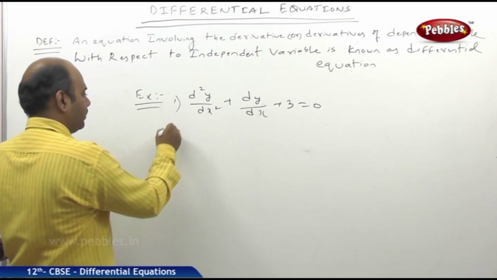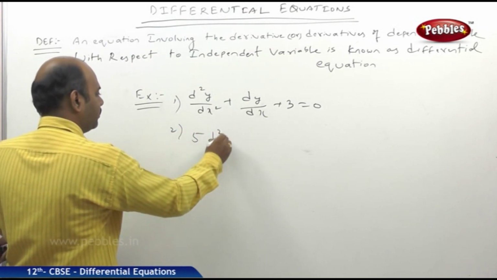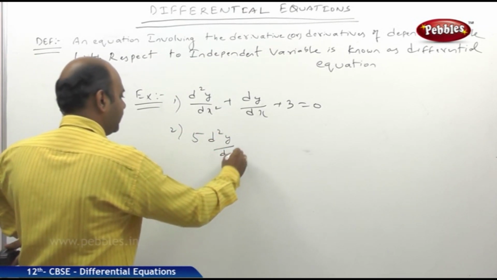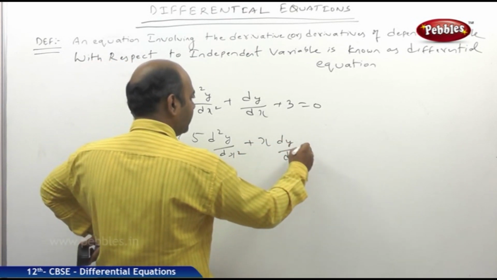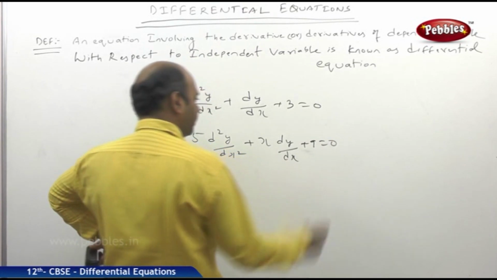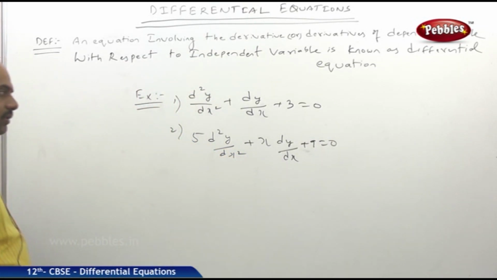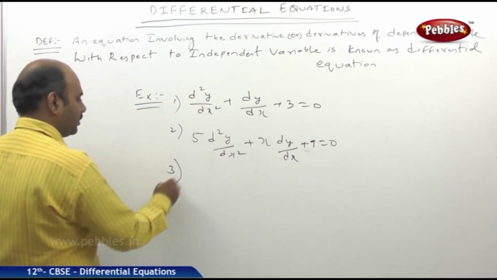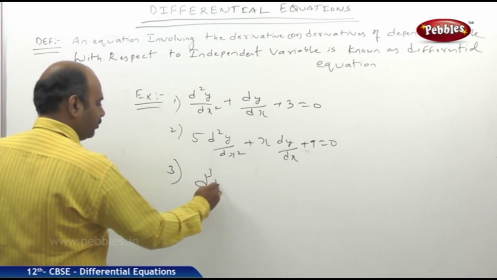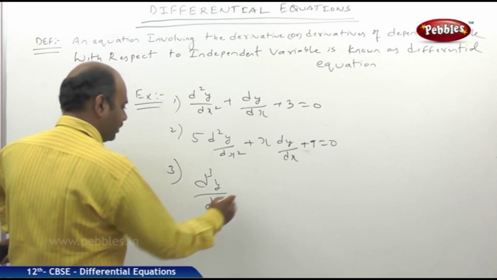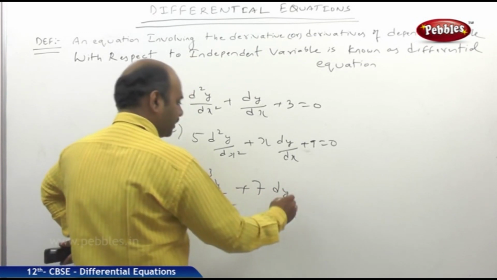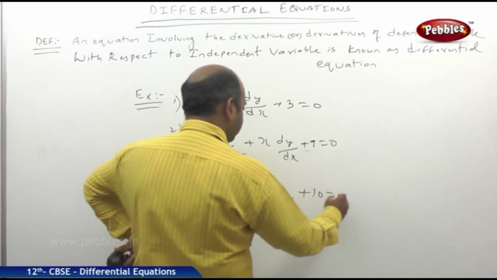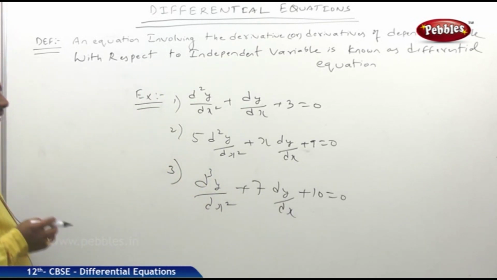Another example: 5 into d square y by dx square plus x into dy by dx plus 9 equal to 0. This is also a differential equation. Another example: d cube y by dx cube plus 7 into dy by dx plus 10 equal to 0 is also a differential equation.